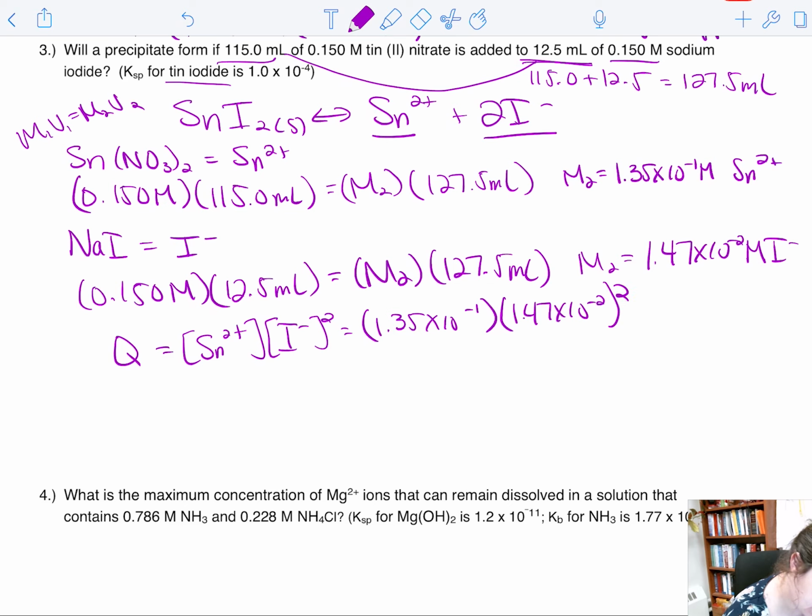Multiply that out, we get 2.92 times 10 to the negative 5. We compare that to our Ksp up here. We said that Q is less than Ksp. So therefore, no precipitate will form.